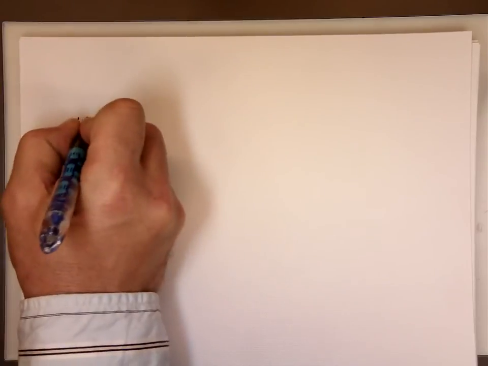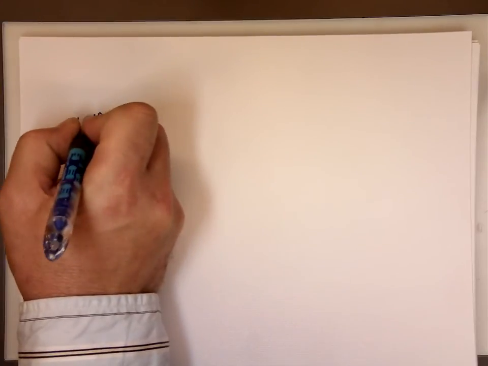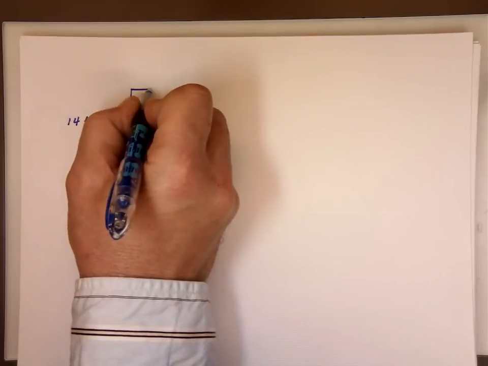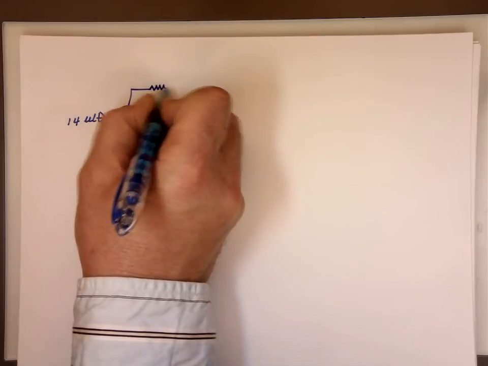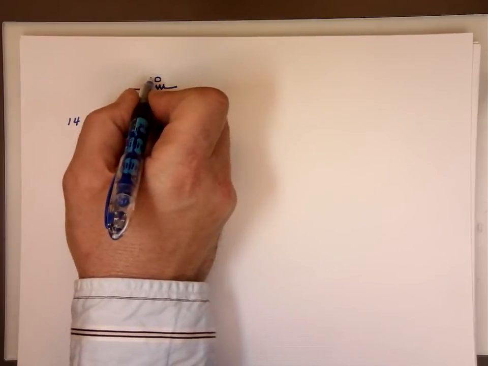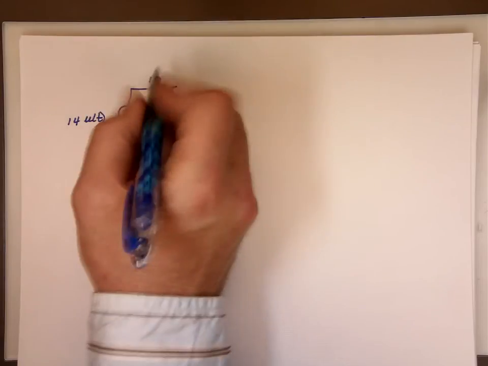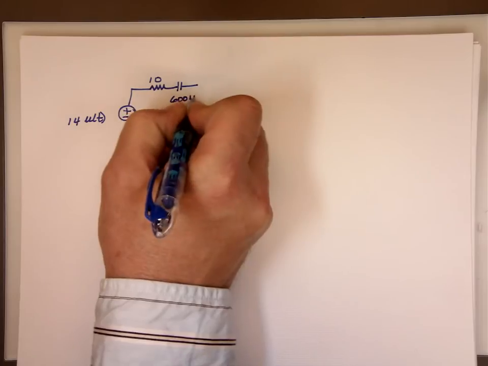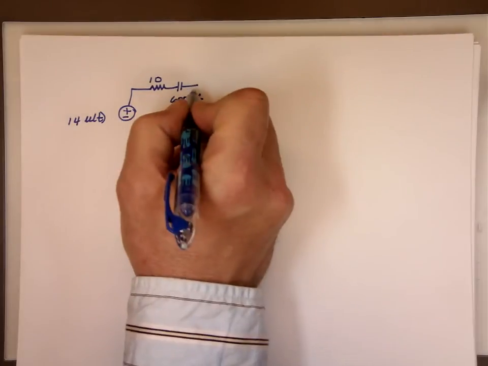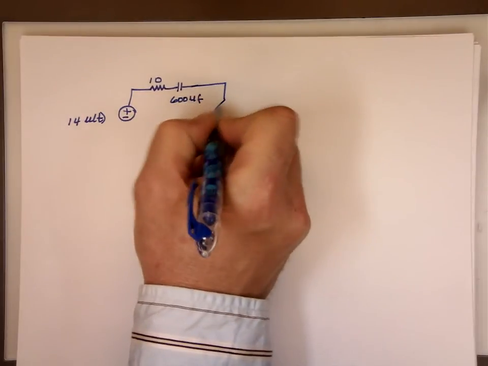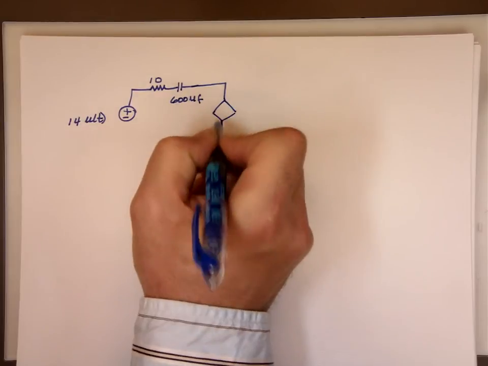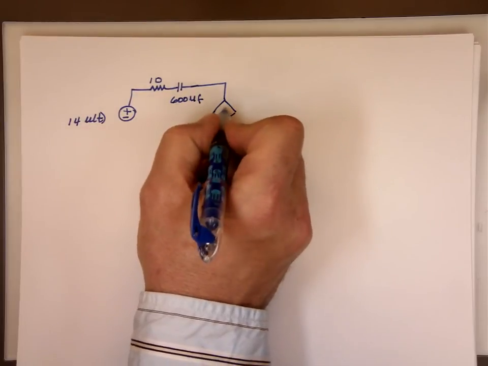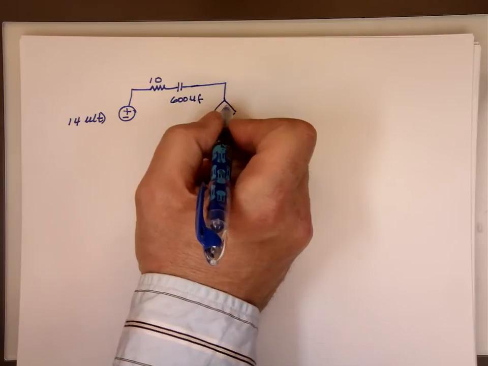14 u sub t. Ten, 600 microfarad. Dependent current source, and the value of that is 3 times V2.